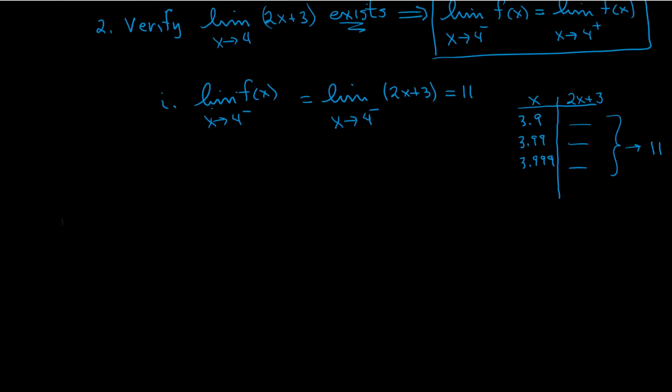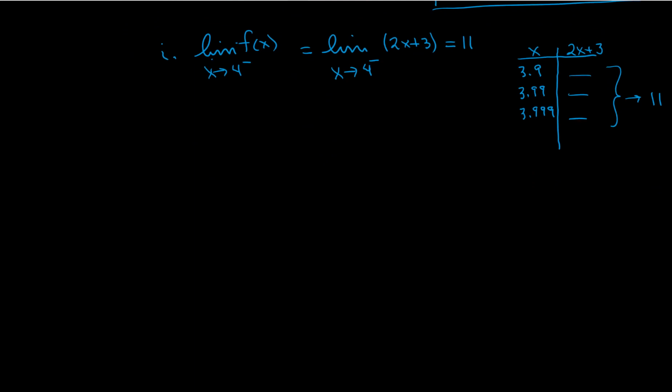The next thing we need to do is look at this exact same limit, except we're going to approach 4 from the right-hand side, and we're going to continue to use our same function. So if we set up a table, as we just did, we're going to have our x, we're going to have our 2x plus 3.